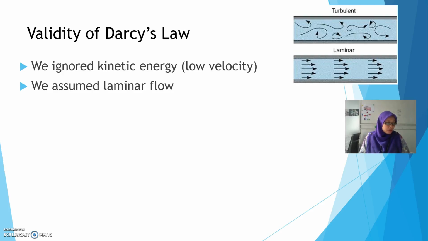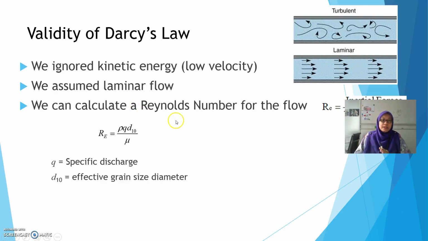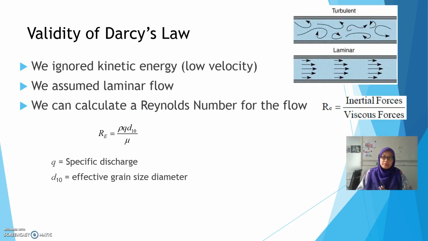So this is where we need to take into account the Reynolds number, which we have to calculate. Reynolds number is the inertial forces divided by the viscous forces. Viscous forces are about viscosity, which is how resistant the fluid is to flow. We can have dynamic viscosity or kinematic viscosity.